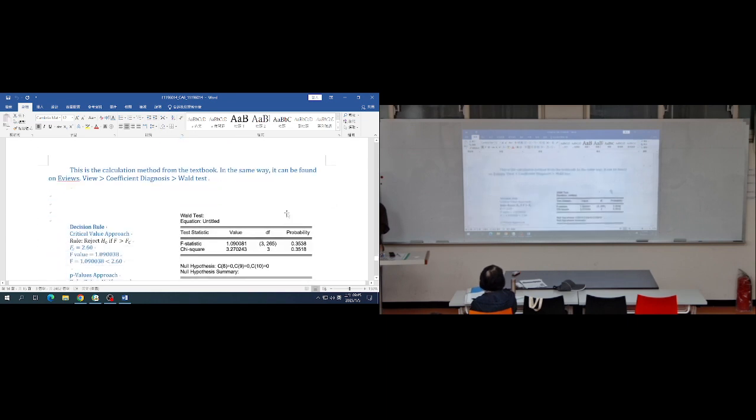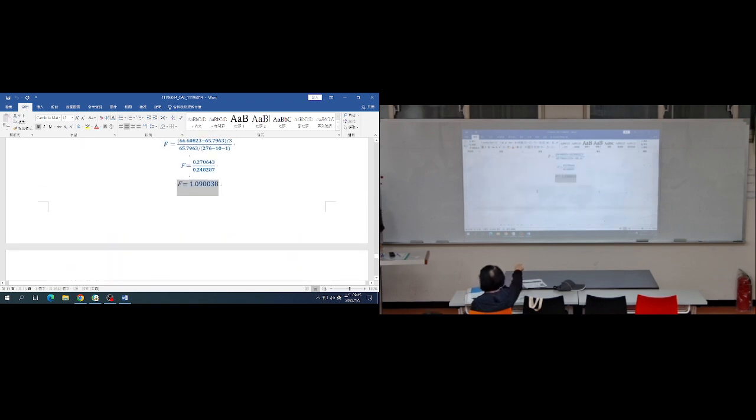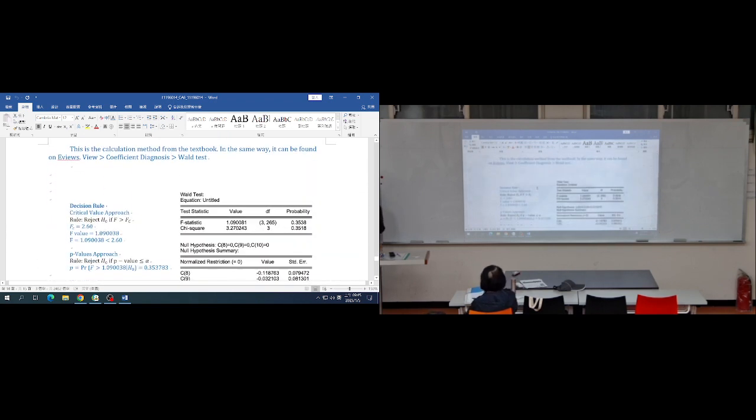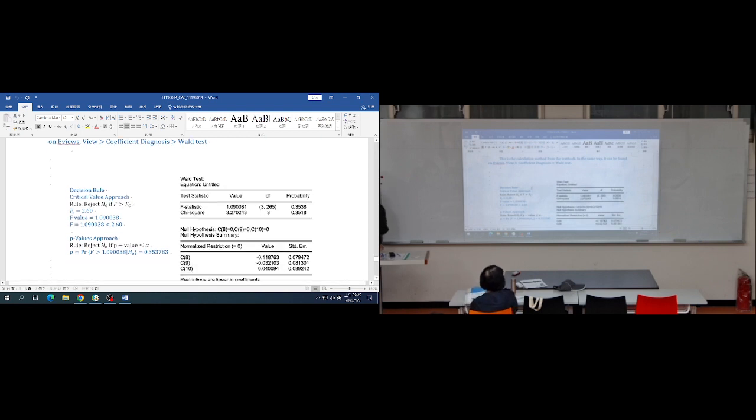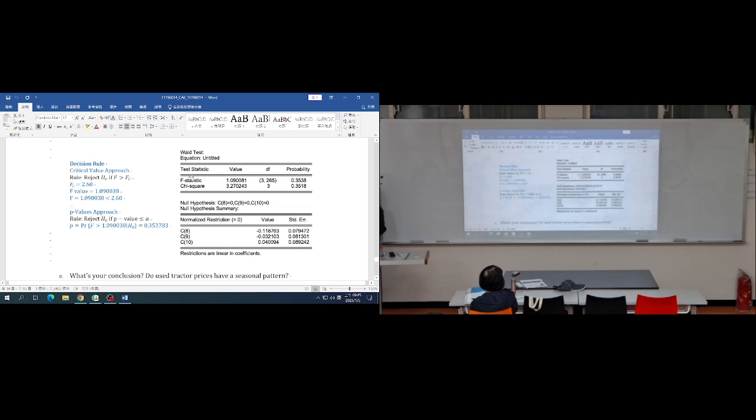Very good. This matches the result. And then I use the program EViews. It's the same value that I got. I use the Wald test.